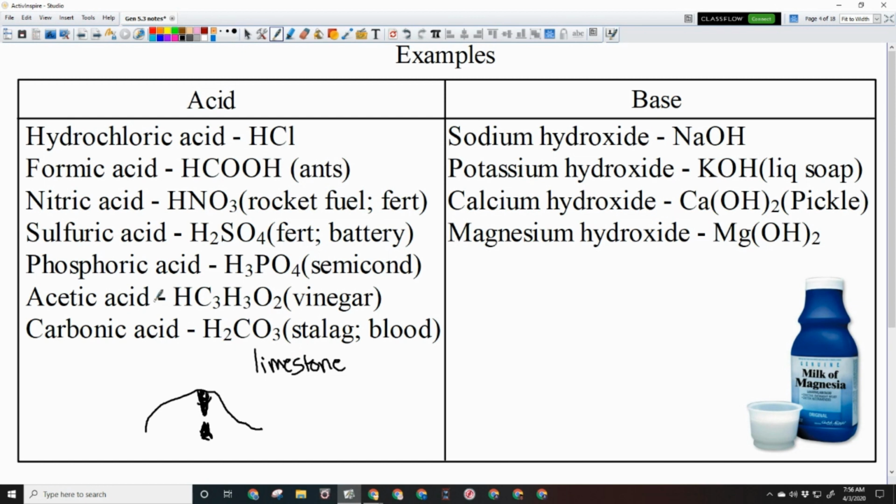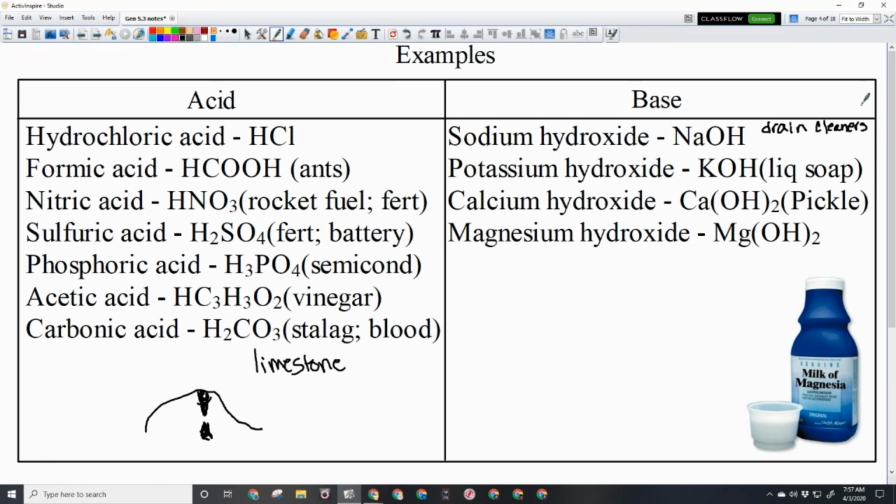All right, some common bases: sodium hydroxide, NaOH. This is the main component in drain cleaners. And we don't really think about bases being as dangerous as acids, but they are. Now, the way drain cleaner works is most of the time what clogs your drains is organic material like hair and bits of food and grease.